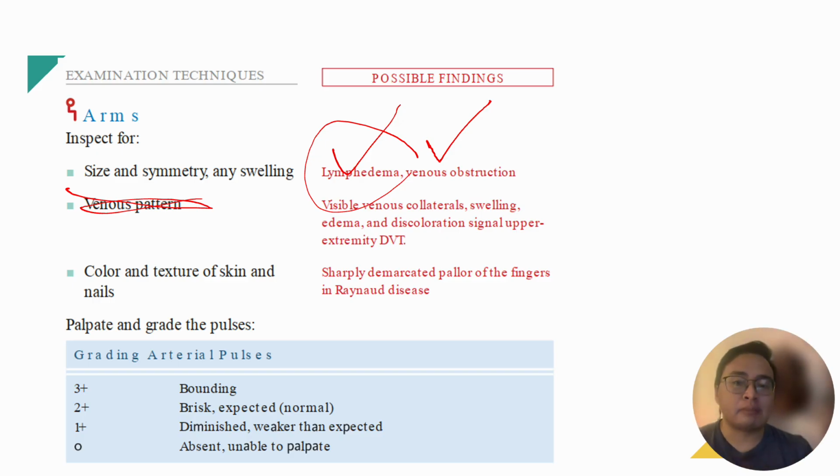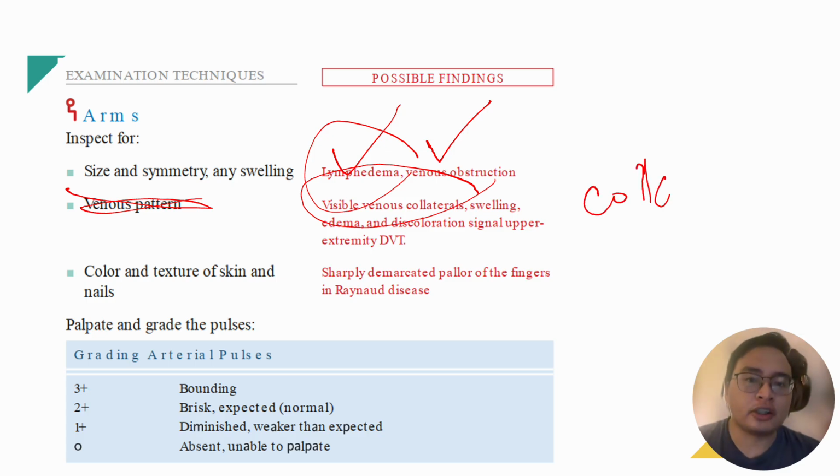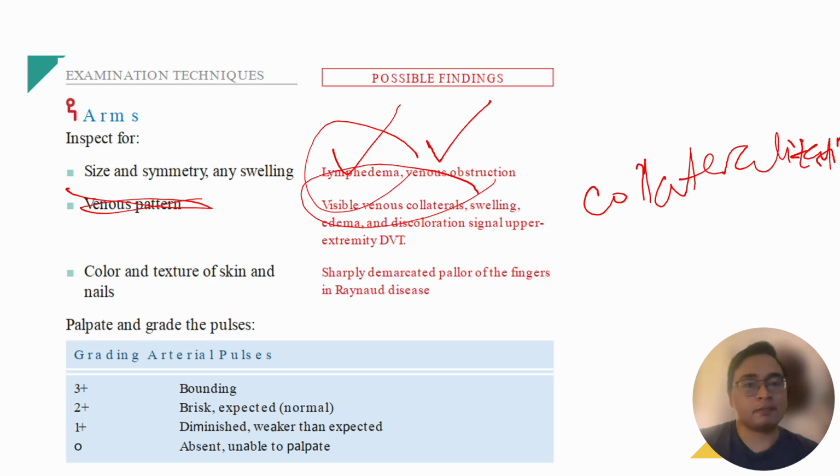That's why sometimes the superficial vessels or the superficial veins could become visible or enlarged. That's what we call visible venous collaterals. Meaning there is collateralization. The blood is taking a shortcut, trying to find its way back to the heart.